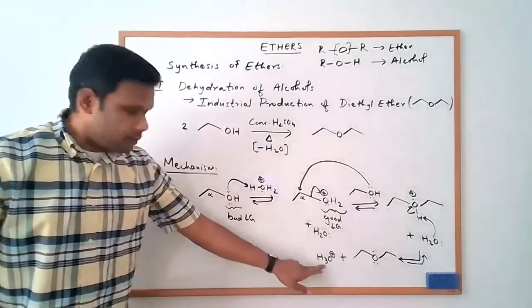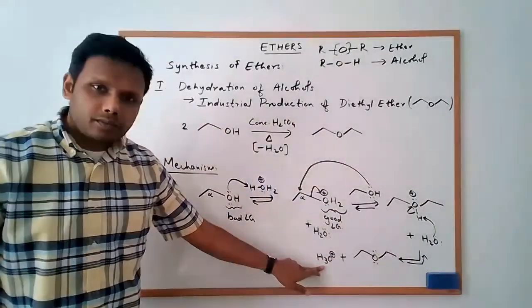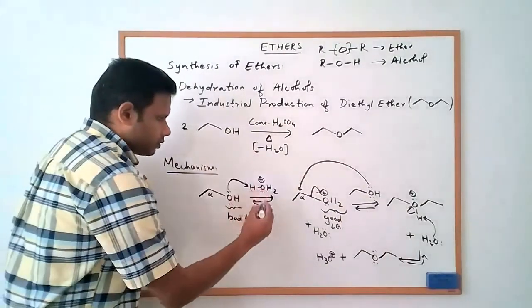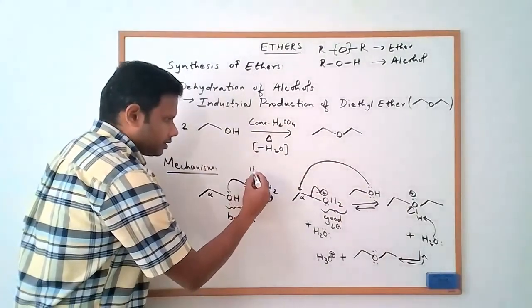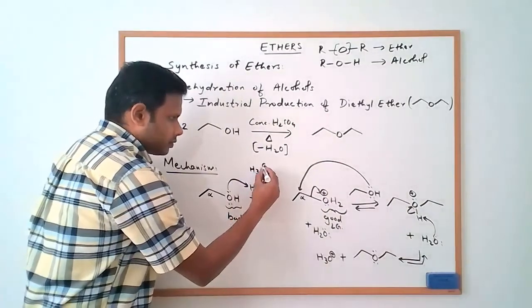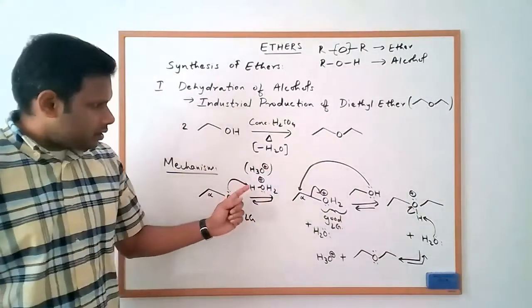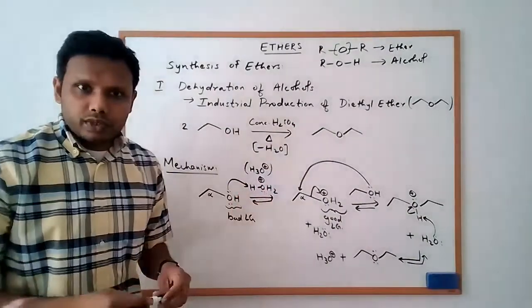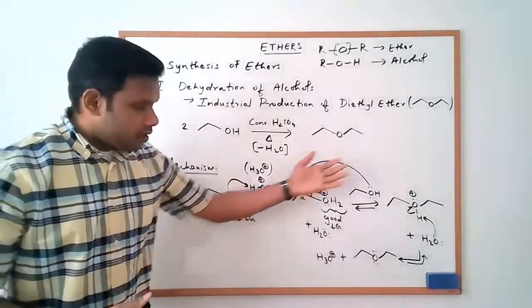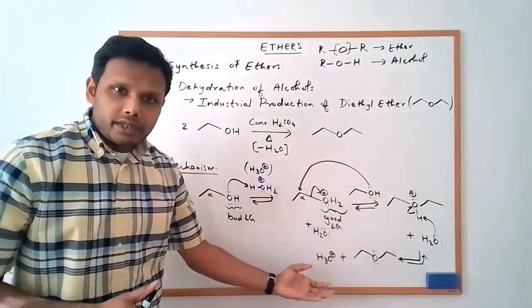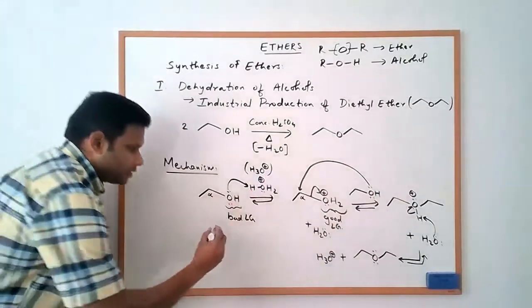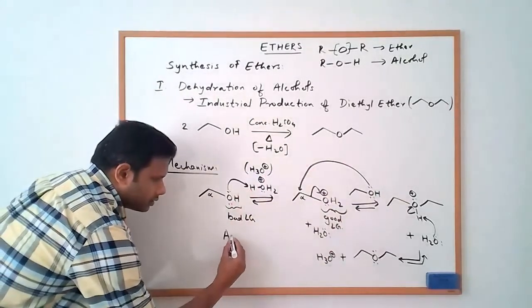So we regenerate our acid here. We started by using a hydronium ion. Notice this is the hydronium ion that we've written here. We started by consuming a hydronium ion, or consuming a proton, and in the end, we've regenerated that acid. So that means this reaction is acid catalyzed.